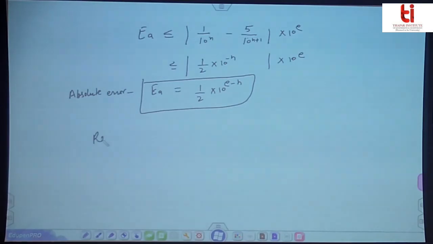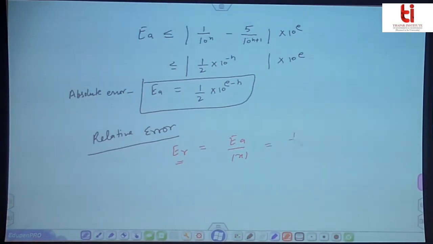Now we'll find out relative error. In this case, we are getting E of R equal to E of A upon mod of X. The mod of X value we have already computed, so that we can maximize this value.